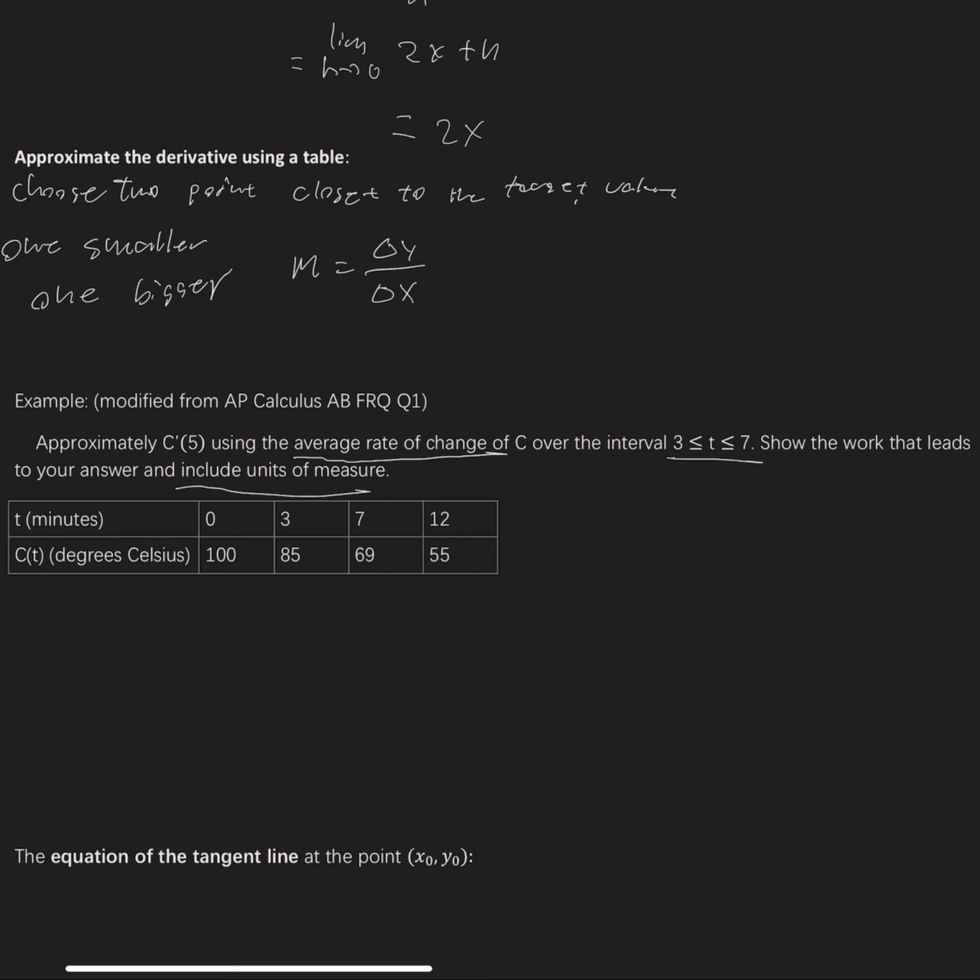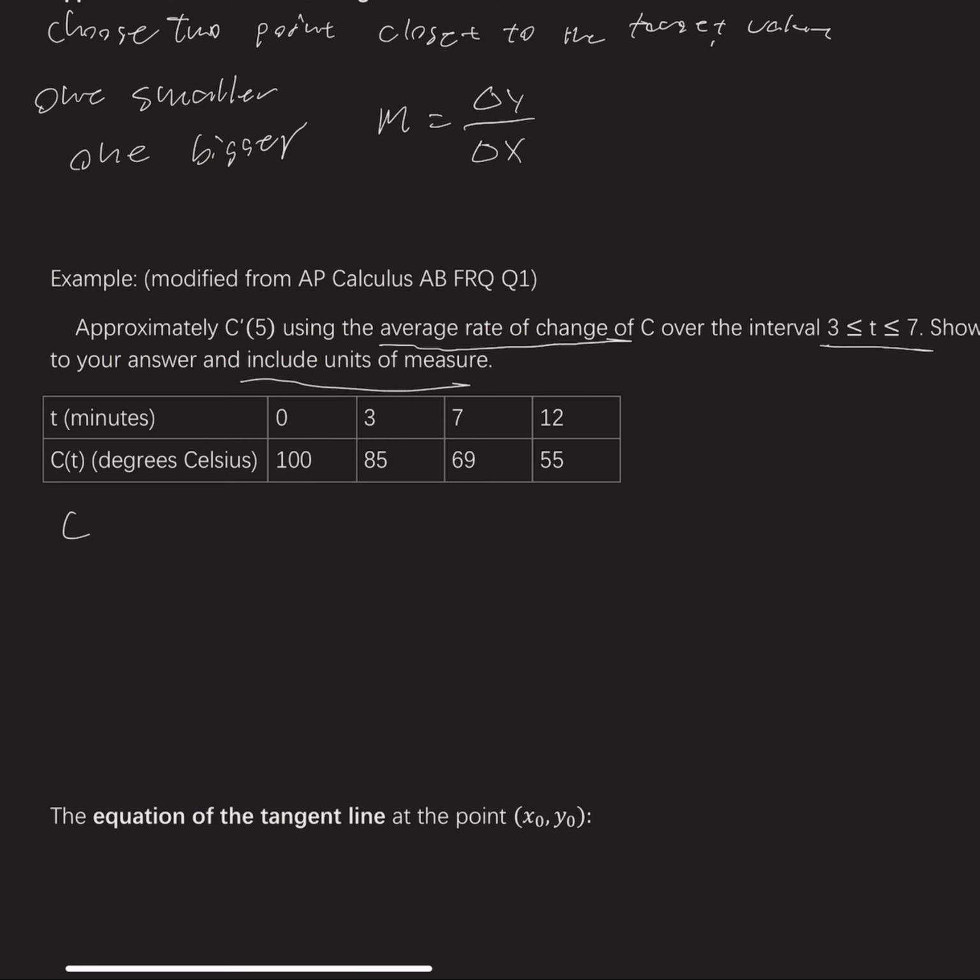So we're going to do C prime of f is approximately equal to, well, it says approximate, so you're going to use the approximate sign. Equal to, let's use our slope formula, delta y over delta x. We're using C of 7 and C of 3 as mentioned here. So C of 7 minus C of 3, all divided by 7 minus 3.